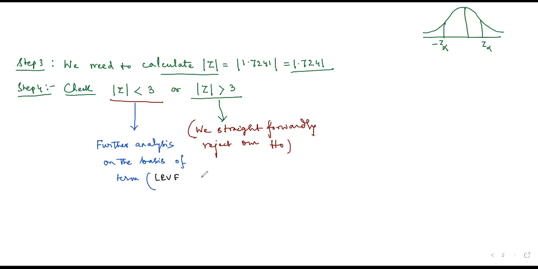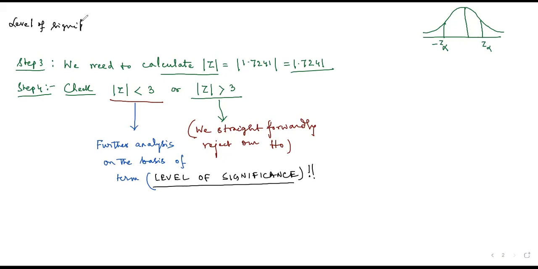Now in this class I'm going to explain what level of significance is once I finish this particular problem. I'm going to explain this particular term, level of significance, but before that let me finish the problem.